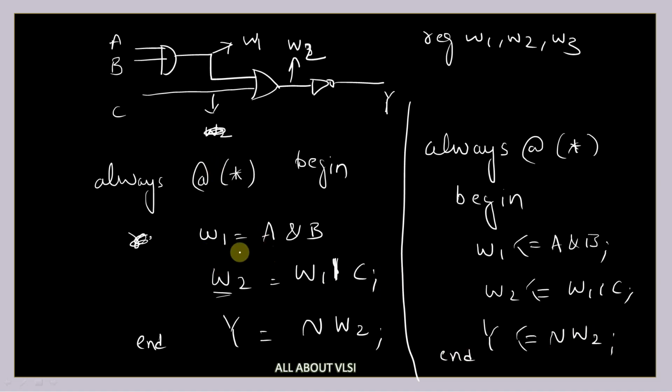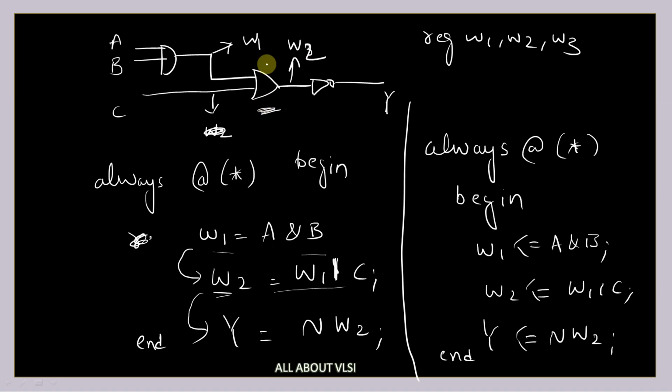On the left-hand side, after the first assignment has completed, only then do we move to the second assignment, and after the second assignment completes, we go to the third. That is, one step after another happens sequentially.